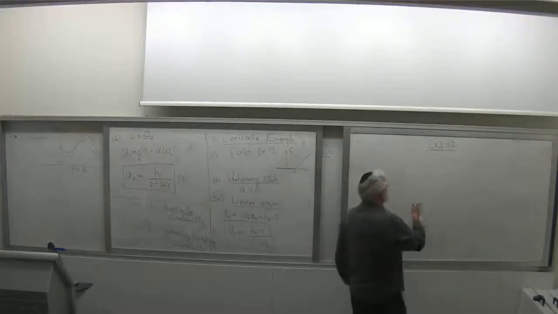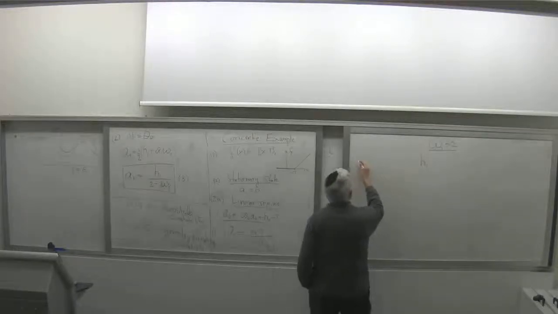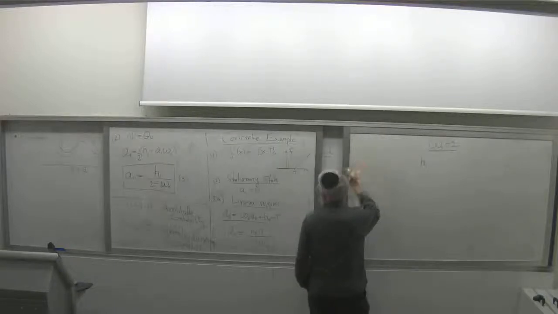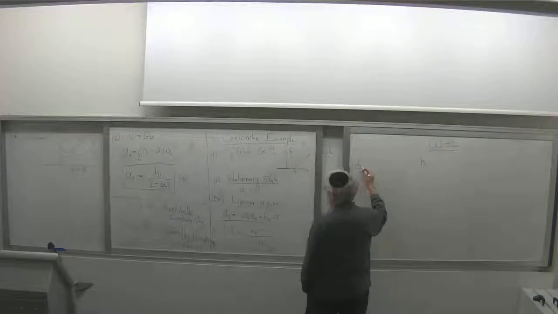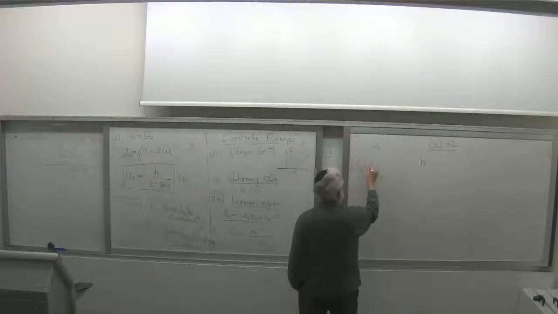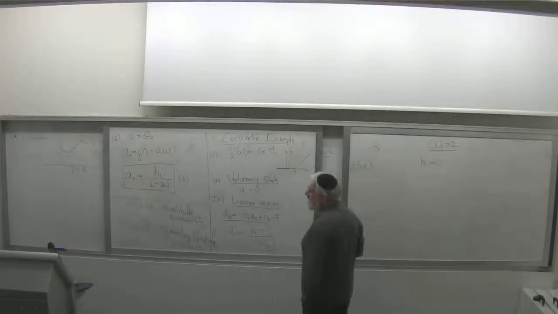Suppose H1 is 0. So I'm now going to assume regime 3, a nonlinear regime, and 3a will be H1 is 0. What happens in that case?